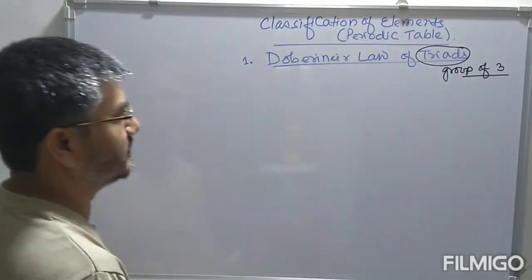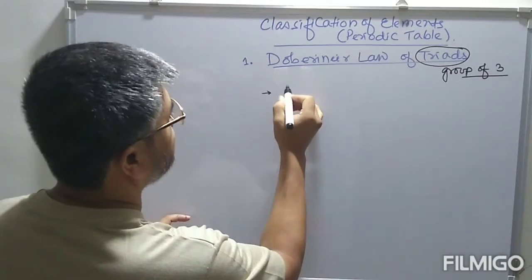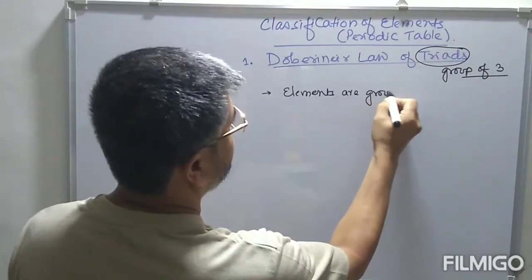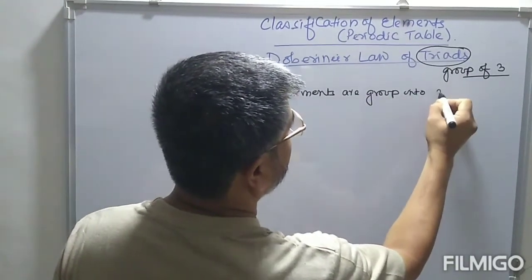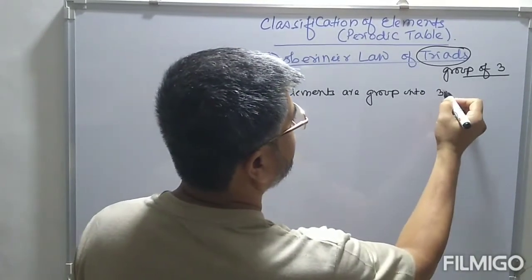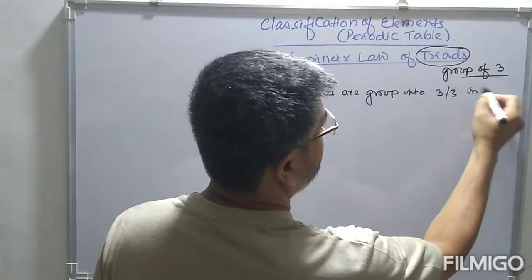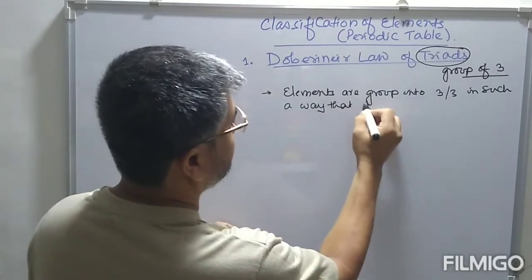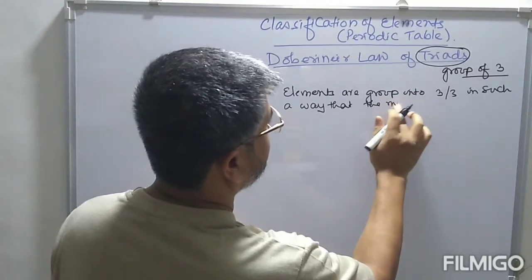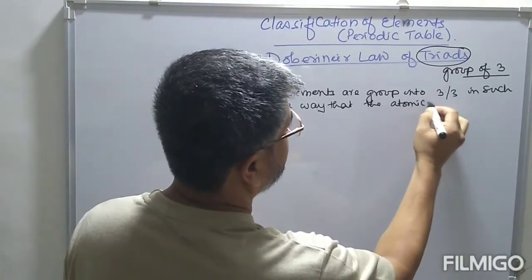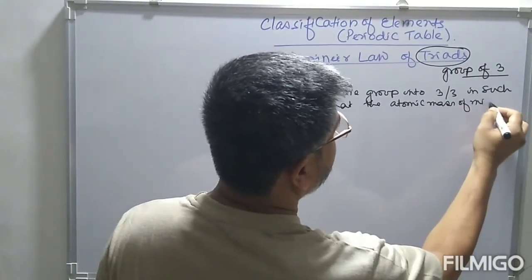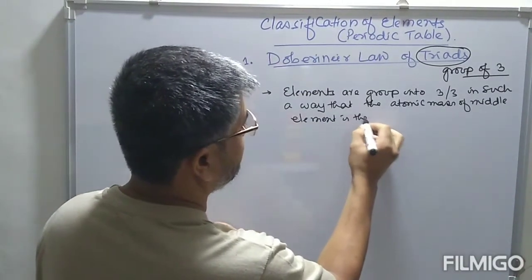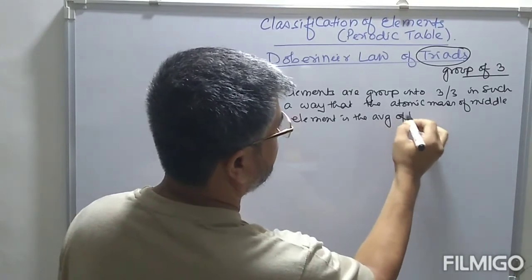So these elements are grouped into three in such a way that the atomic mass of the middle element is the average of the other two.